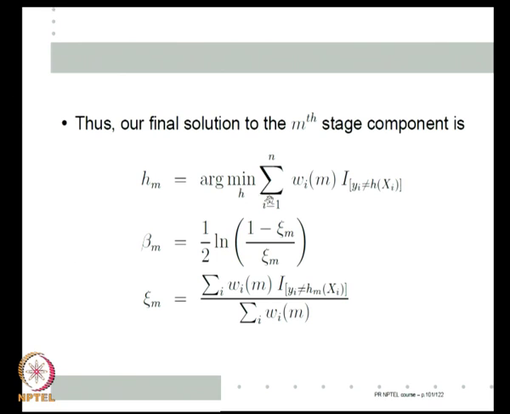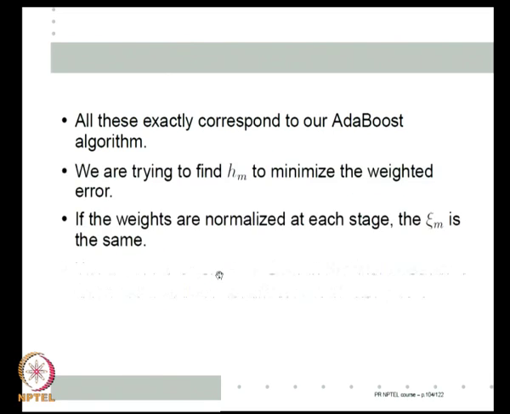You find Hm that minimizes the weighted misclassification rate. Calculate misclassification rate. If w_i^m are normalized, then this is simply Jm is summation w_i^m this, and then the weight itself is given by this. This is exactly what the algorithm is doing, as long as w_i^m are normalized weights, and that is what we have shown now.